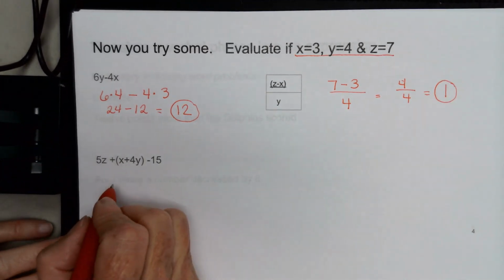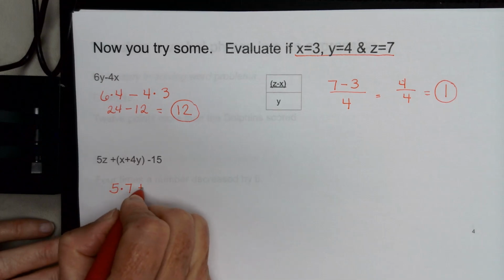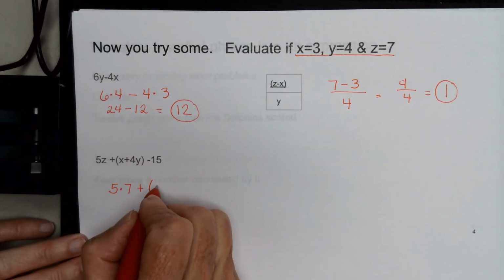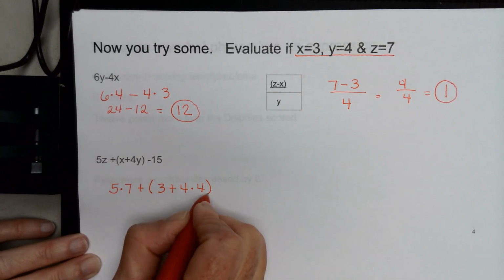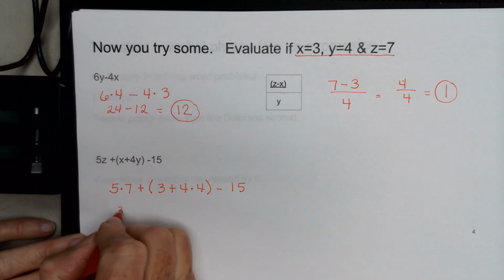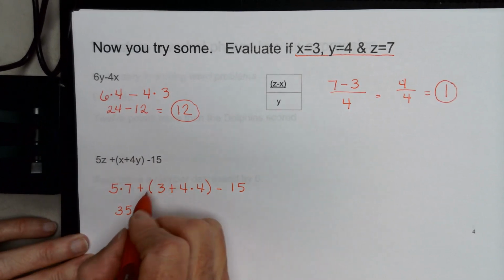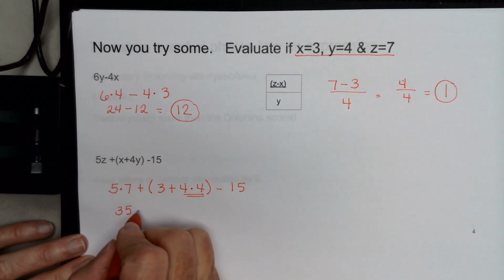This one's a little bit more complicated. I have a 5 times a 7 plus parenthesis 3 plus 4 times 4 minus 15. So I have a 35 because I do my multiplication first. I do my parentheses first, but notice that has to be done before you add the 3 to it.